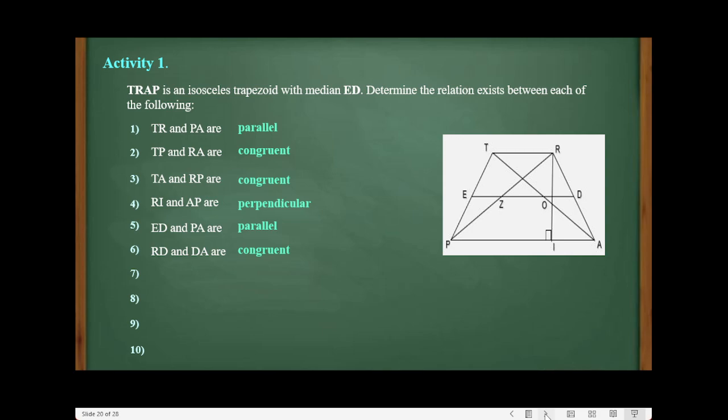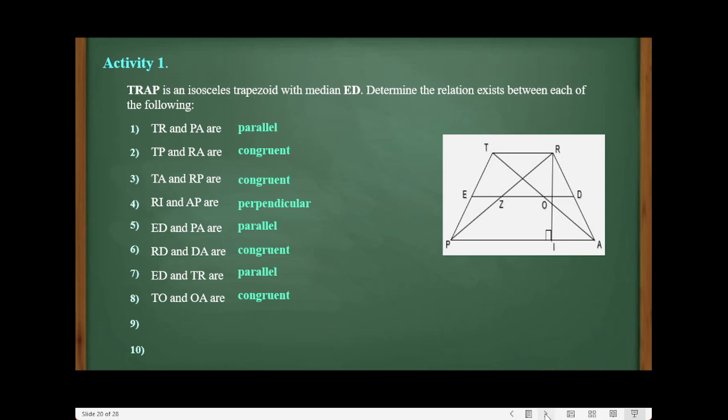Next, item number 7, segment ED and segment TR. These two, they are what? Parallel. Next, number 8, segment TO and segment OA, they are what? Congruent.